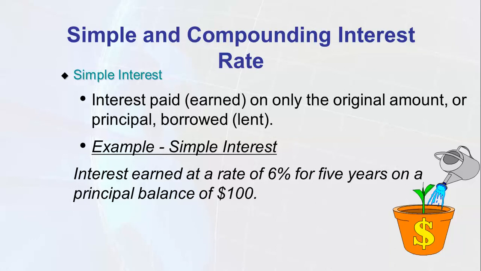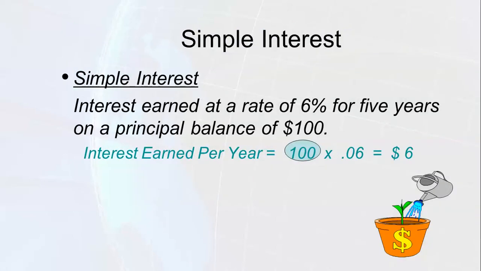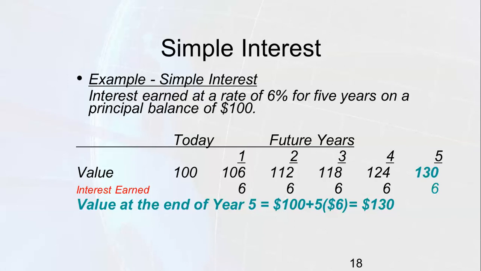Okay, so in simple interest, only the principal amount makes interest. For example, $100, 6% is $6. First year interest is $6. So in the second year again, your original amount, that $100, is going to make interest.